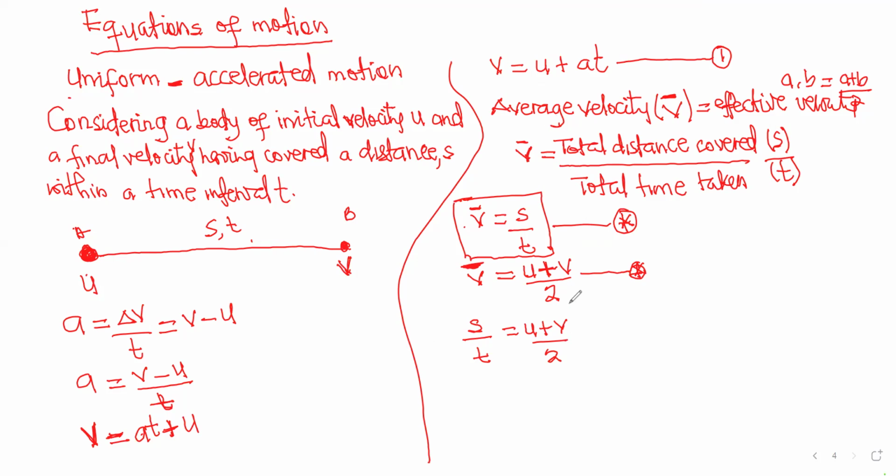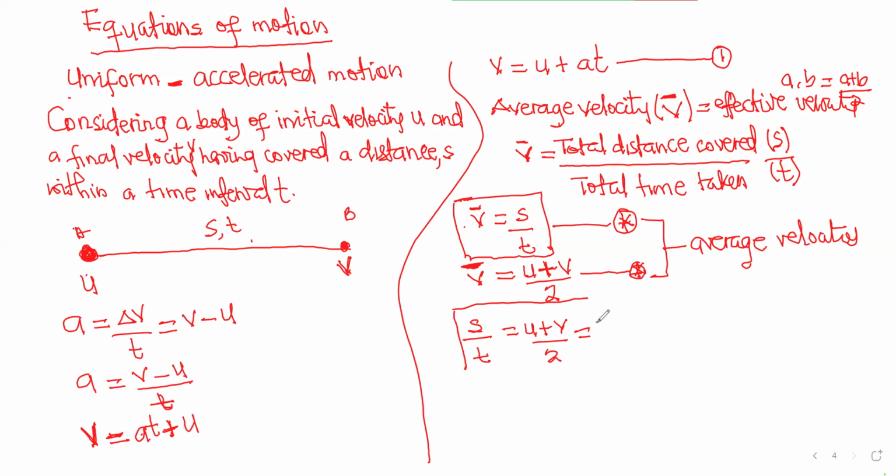Yes. Because the two are all ways of determining average velocities or effective velocities, we can equate them: S over T equals U plus V over 2, and that's what I've done here.